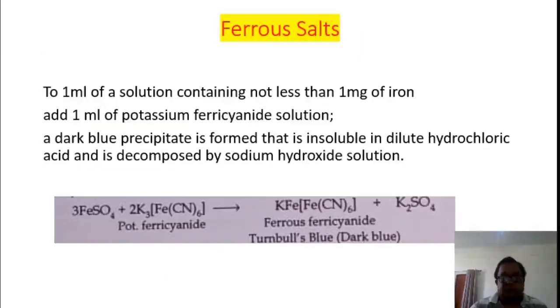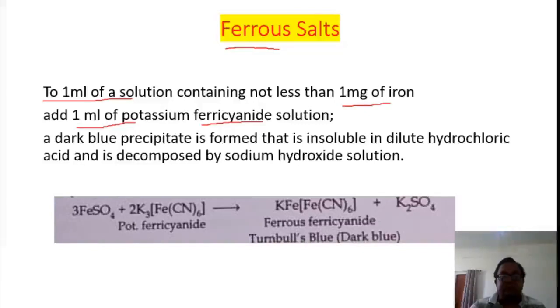In another test for ferrous ion, we dissolve our sample in 1 ml of distilled water, and the quantity of iron should not be less than 1 milligram. To it, add 1 ml of potassium ferricyanide.